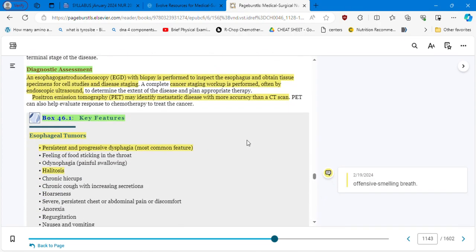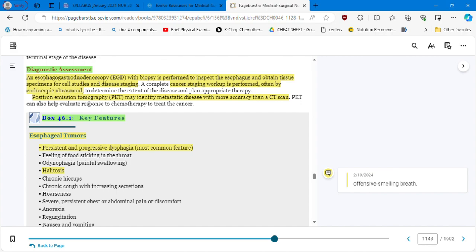Diagnostic gastroesophageal duodenoscopy with biopsy is performed to inspect the esophagus and obtain tissue specimens for cell studies and disease staging. Cancer staging workup is performed often by endoscopic ultrasound.